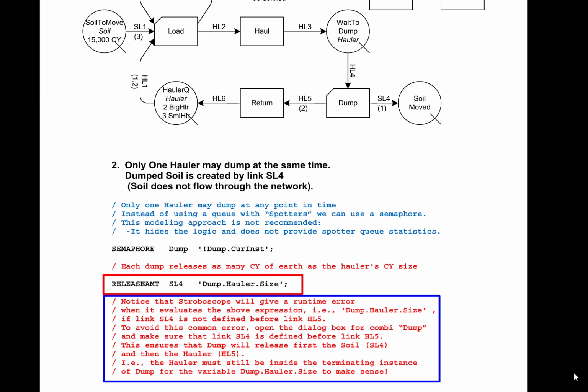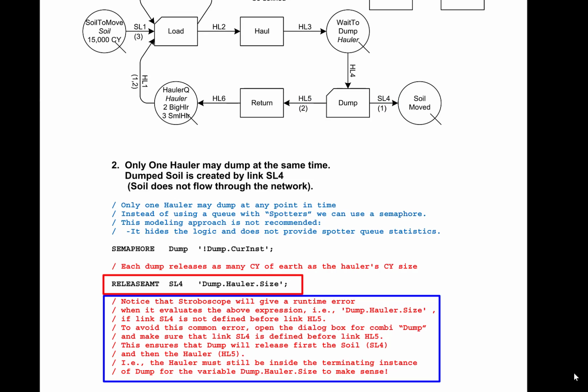As shown in the notes, Stroboscope will give a runtime error when it evaluates the above expression, i.e. dump.hauler.size, if link SL4 is not defined before link HL5. To avoid this common error, open the dialog box for combi dump and make sure that link SL4 is defined before link HL5.